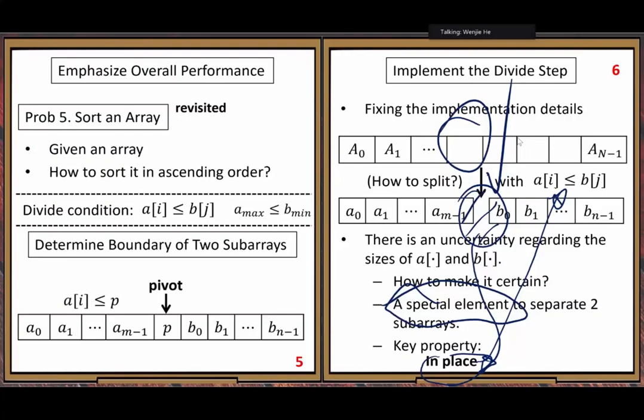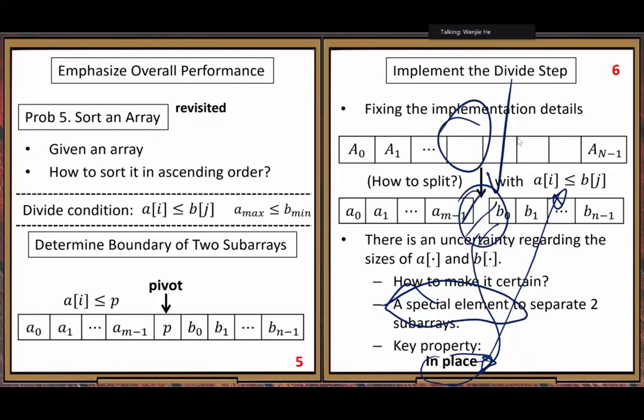But this pivot element has the property related to our key inequality. That is, all the values of the A subarray must be less than or equal to that P value, in place. All the A subarray values are at the left-hand side of P. That means we should have this inequality.